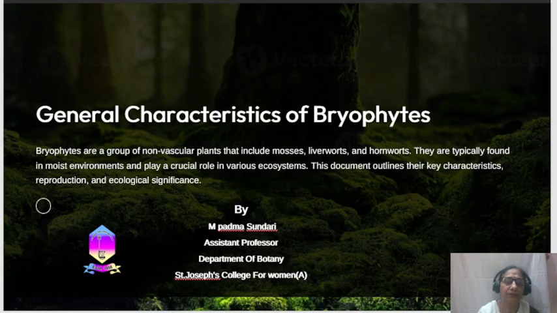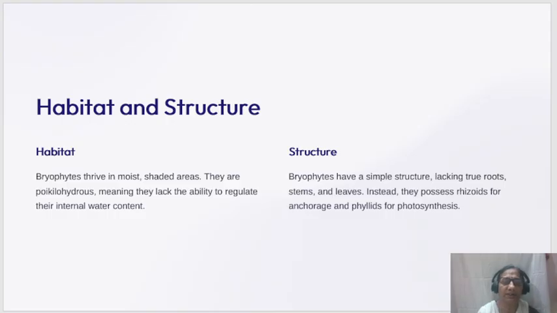When you see the habitat and structures, mostly they are the first land plants, where they thrive in shaded, moist areas. They are poikilohydrous, meaning they lack the ability to regulate their internal water content. They are known as the amphibians of the plant kingdom.